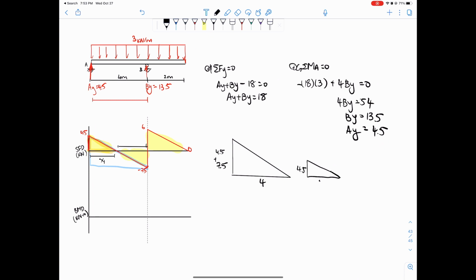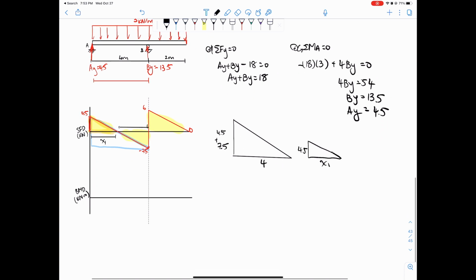And a distance of x1. We don't know x1, but we're trying to find that. Okay, so we can set up our similar triangles, right? 4.5 plus 7.5 equals 12, all right? So we can just simply set it up as 4 over 12 equals x1 over 4.5.